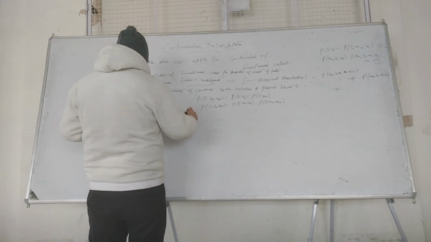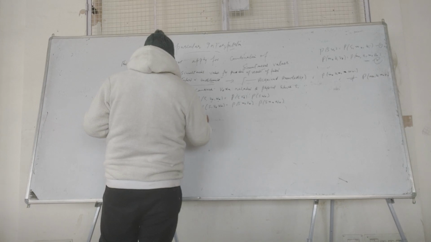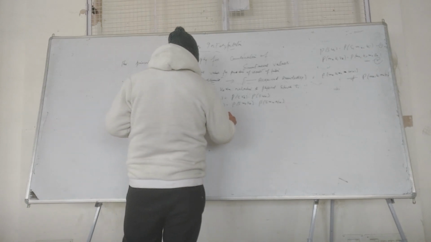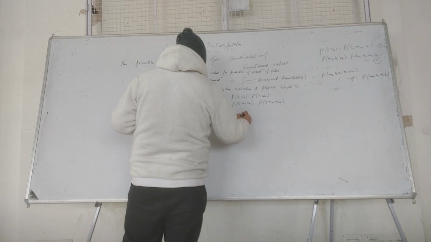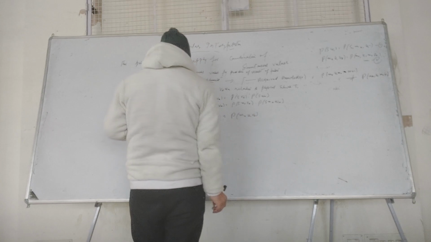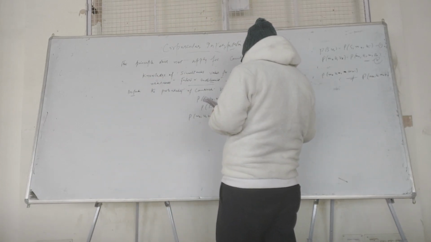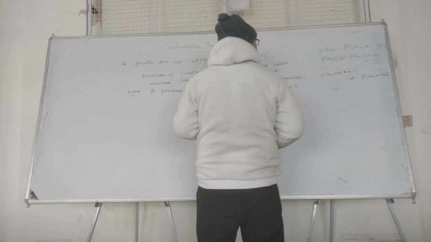So the probability of this, mu, ui, vk, you can also write for two measurements. You can write it as ui, vk into the probability of mu, ui, wm.